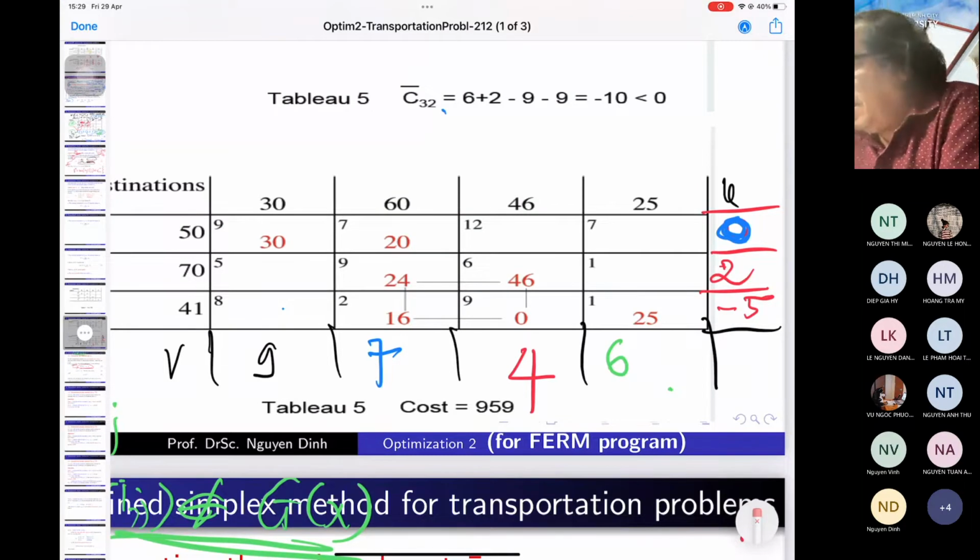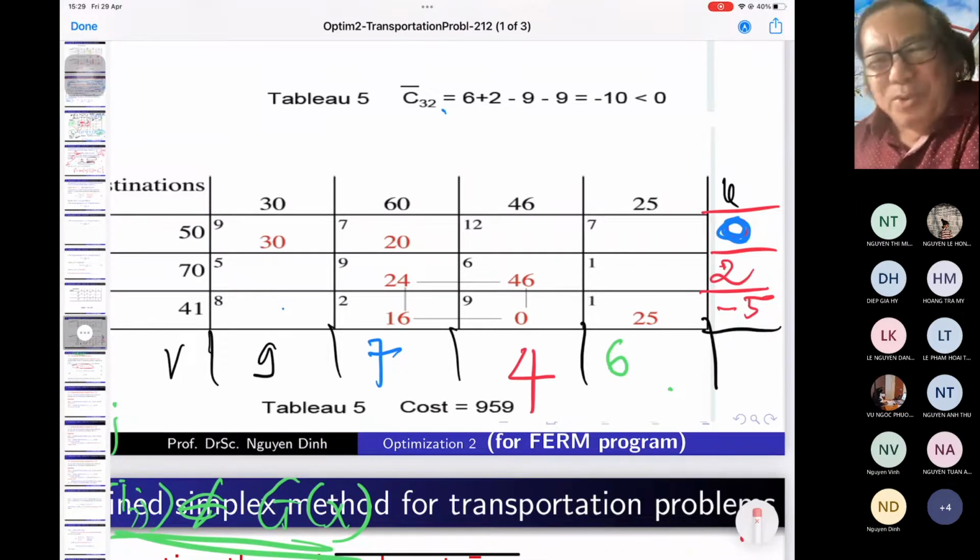Okay, but we have to learn ourselves. So, for example, in this situation, we have Gx like this. Is that okay?